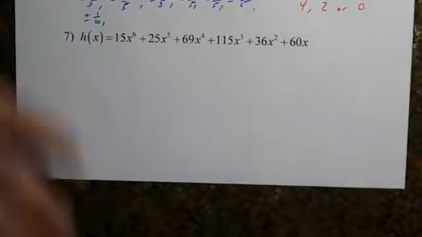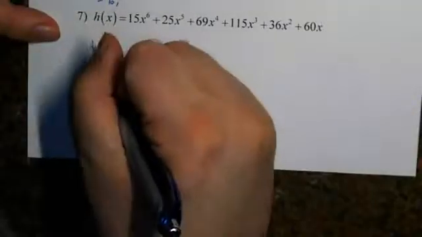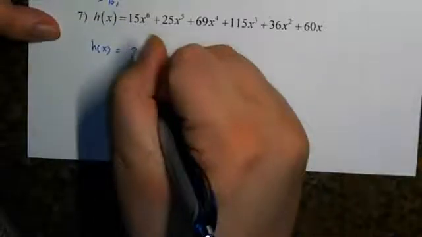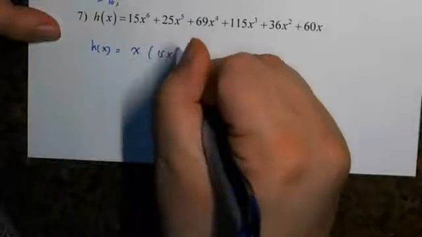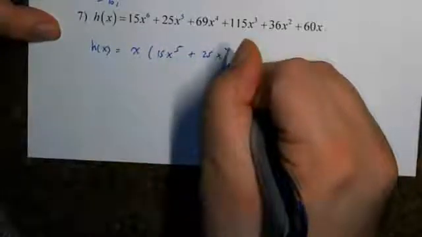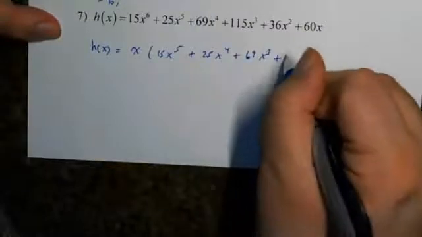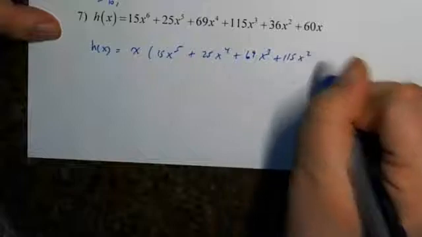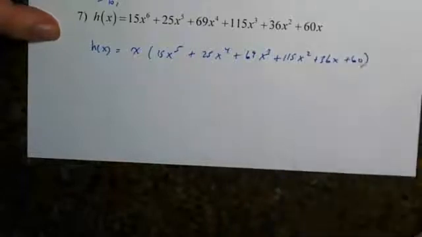So what does that mean? What that means is this. First, you factor out an x, and then it becomes 15x to the 5th plus 25x to the 4th plus 69x cubed plus 115x squared plus 36x plus 60.